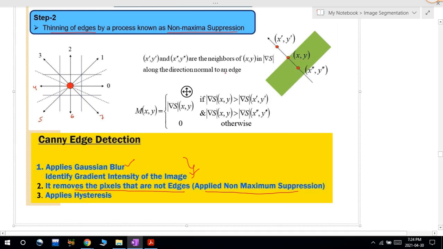If I take one edge point like (x, y), the neighbors are x', y' in this direction and the other along the direction normal to the edge. Then I find the magnitude of each of these three points. The magnitude formula is the square root of gx squared plus gy squared. Whichever has the maximum magnitude, only that point is considered for the edge.